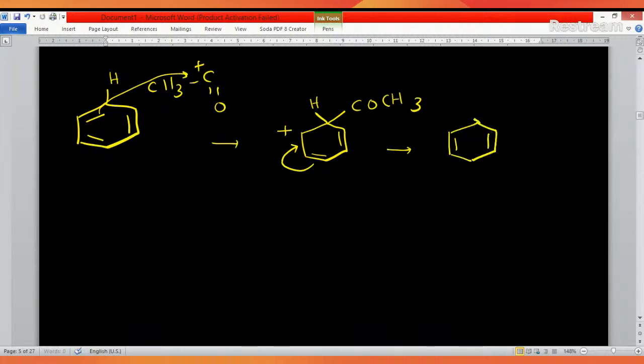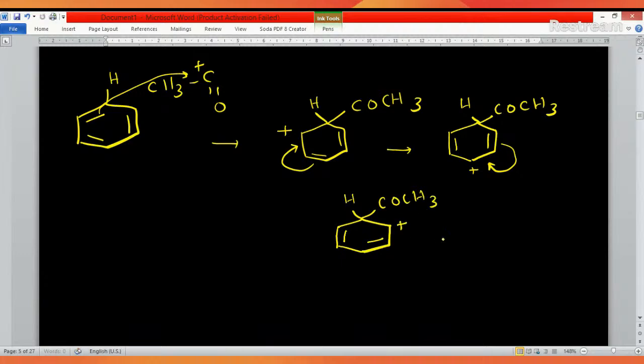This is the intermediate we are expecting, H COCH3, and it carries plus. To make it neutral, this electron pair is moving towards this side so that we will have this formula. The H is there, COCH3, and this is carrying plus.